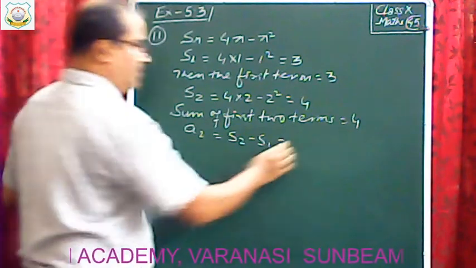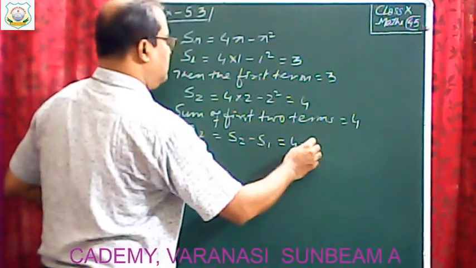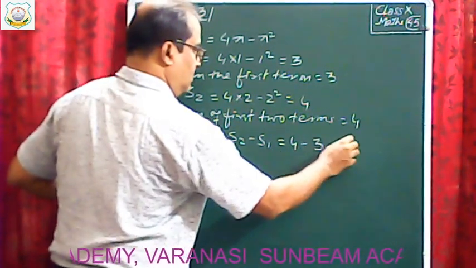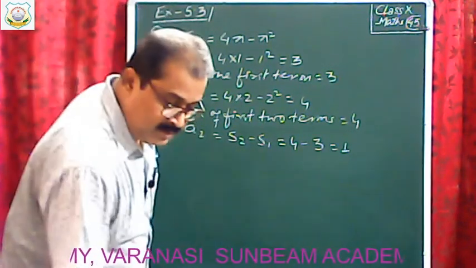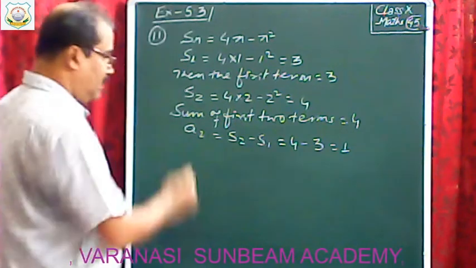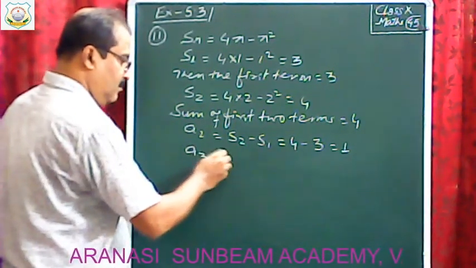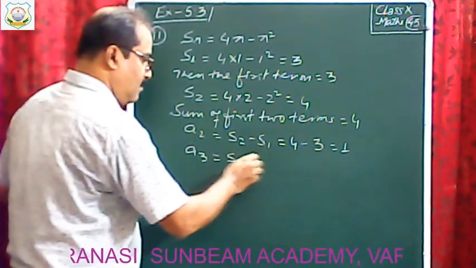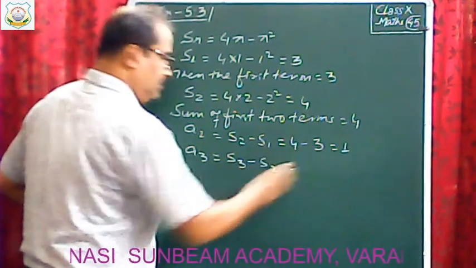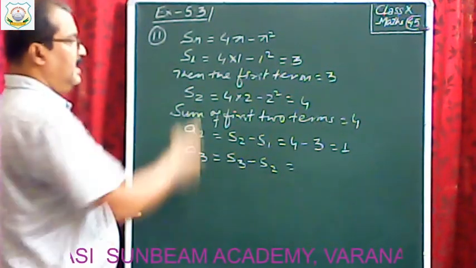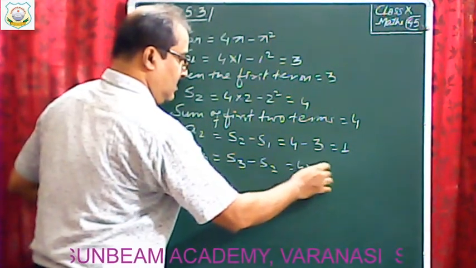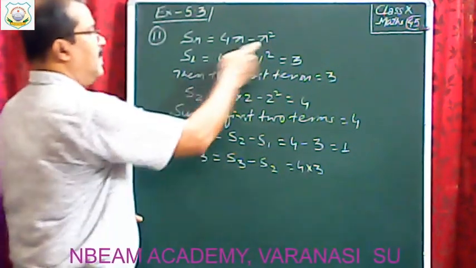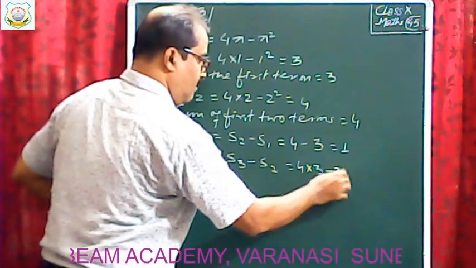S2 is 4 minus S1 which is 3, that is 1. Second term. Thereafter you have to find the third term, A3. A3 means S3 minus S2. In the same manner, Sn we have, in place of n we write 3: 4 into 3 minus 3 square.